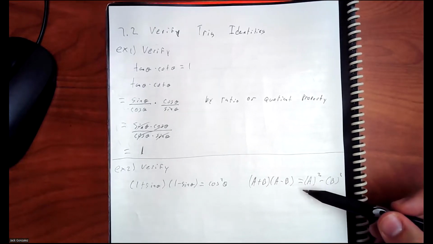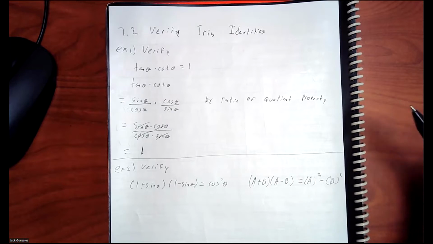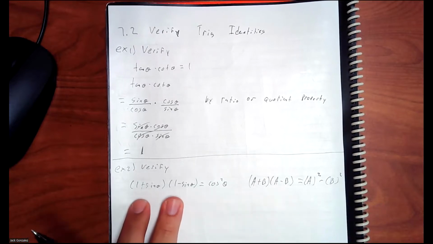You probably first saw this in middle school, way back when, but it keeps coming up over and over again. So here you have, see how they're the same thing, they just differ by a sign, right?